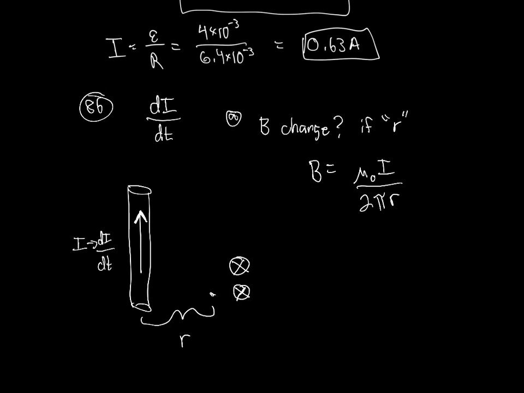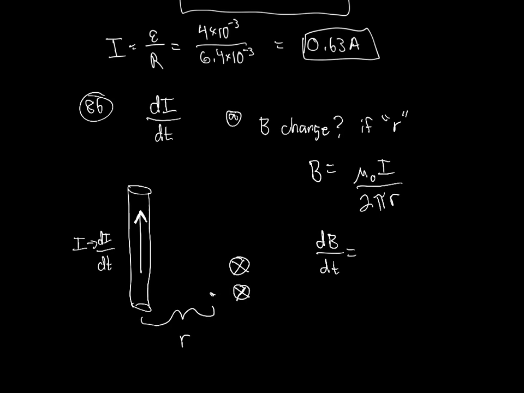So I want to know what dB dt is as the current changes. Does di dt existing have any effect on mu naught? No. Does it have any effect on 2? No. Pi? No. The distance away that you are? No. So do any of these things change? No.